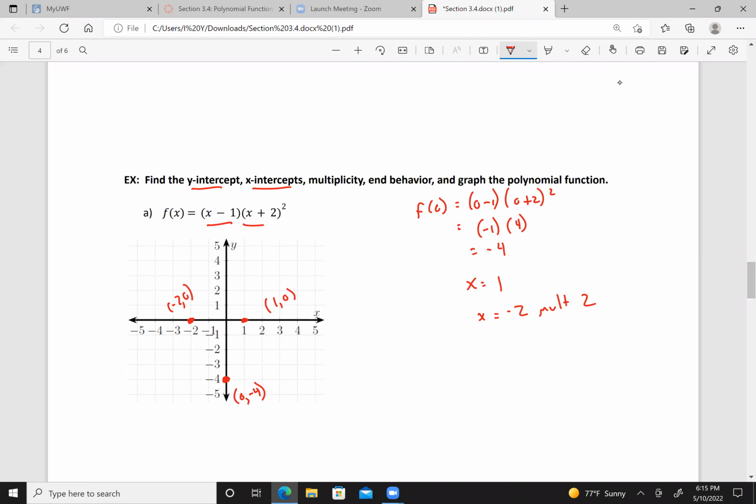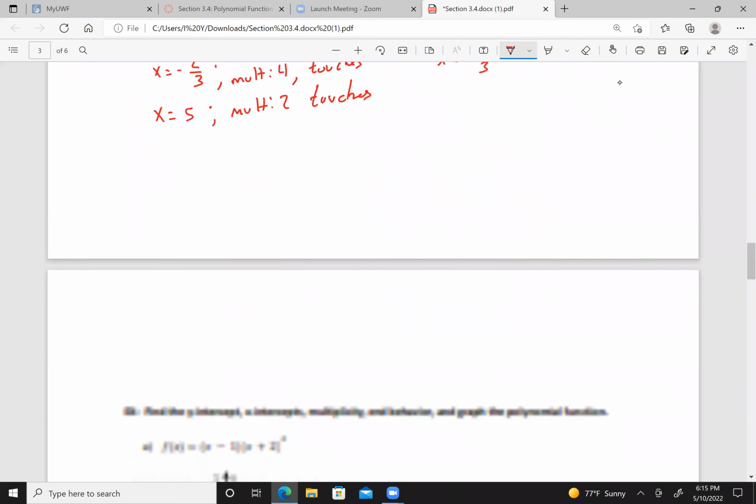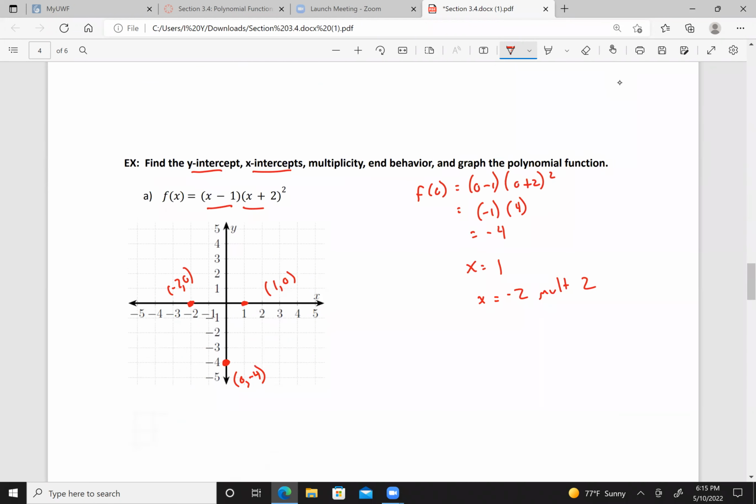So multiplicity of 2, that's even. Let's go back and check. Even means it touches. Okay, so I have multiplicity. What happens, the other one, it crosses. And the end behavior.